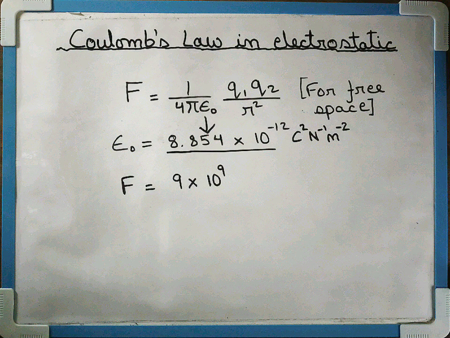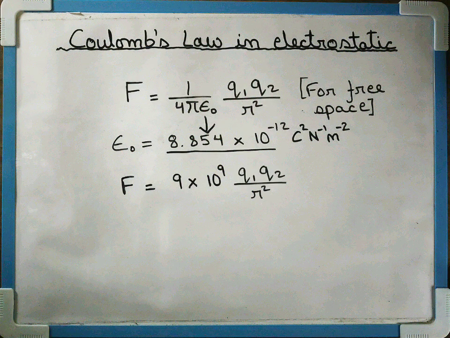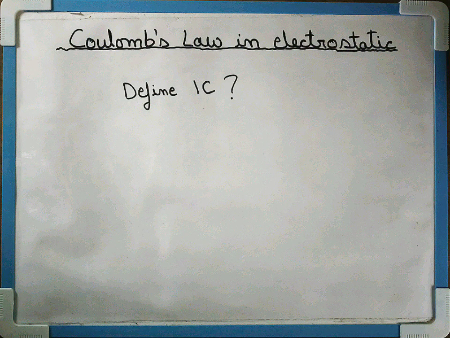And so your Coulomb's law in electrostatics will be 9 into 10 to the power 9 Q1 Q2 by R square. For simplicity in your calculations, you can just use the value 9 into 10 to the power 9 directly. So that is Coulomb's law in electrostatics.